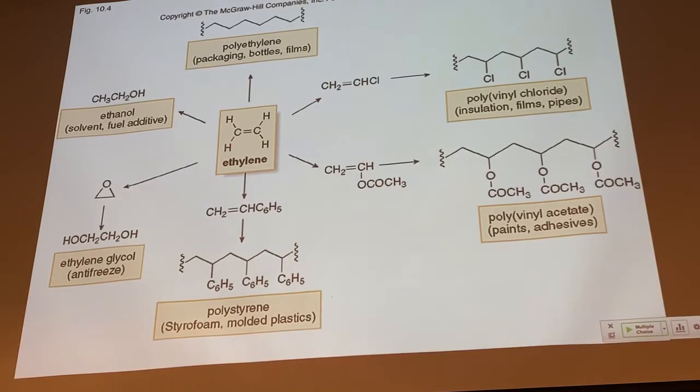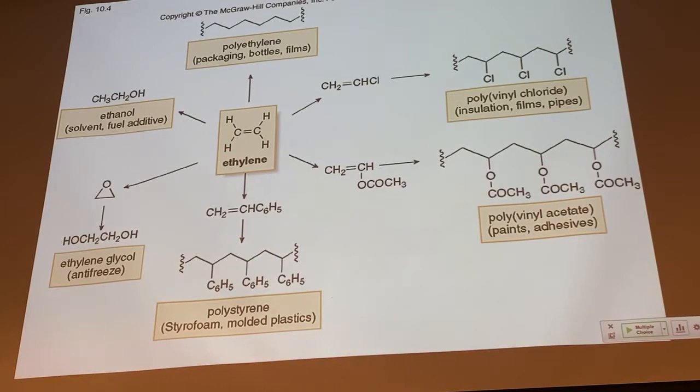More tons of ethylene are produced and used than any other molecule. And that's because ethylene is the precursor to a whole bunch of different polymers. And we see some of them here: polystyrene, polyvinyl acetate, polyethylene, polyvinyl chloride. All of those originate from ethylene.